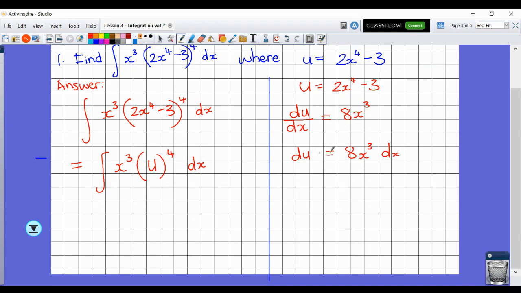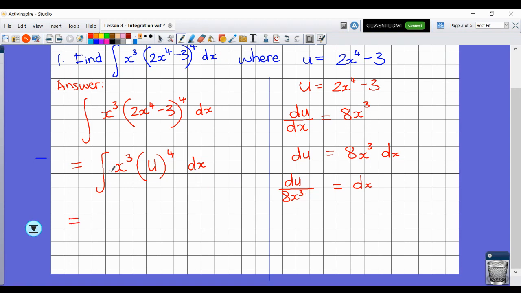And that's going to give you something like this. And then what I'm looking for is I want dx by itself because I want to swap it out. So in order to get that dx by itself, I'm going to divide by 8x cubed. Okay, so that's going to give you something like this. And the whole point of doing that is now I've got dx by itself and know what dx is, and that's going to be this.